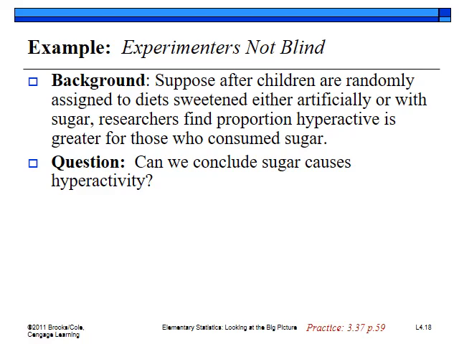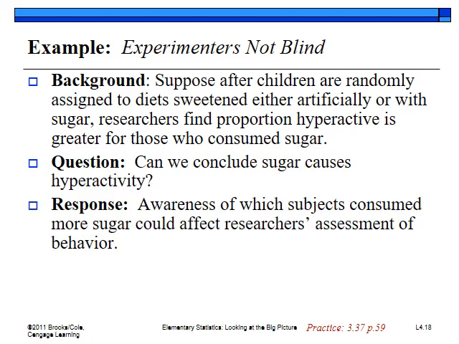So presumably this keeps the kids from knowing which group they're in. And the researchers find, sure enough, the proportion of children with hyperactive behavior is greater in the group that had a higher consumption of sugar. Now can we conclude that sugar causes hyperactivity?